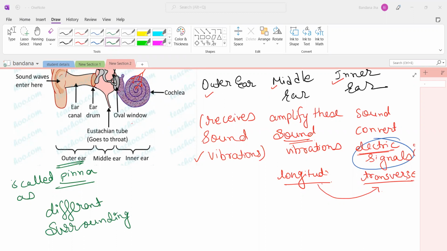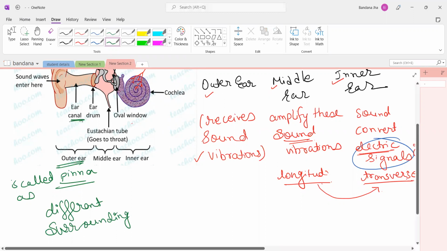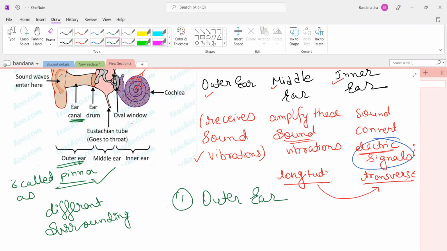Now, here you can see our ear canal. So one by one, we will start studying our outer ear. The outer ear is also known as the pinna. What is the role of the pinna? The pinna collects sounds from different surroundings, right?